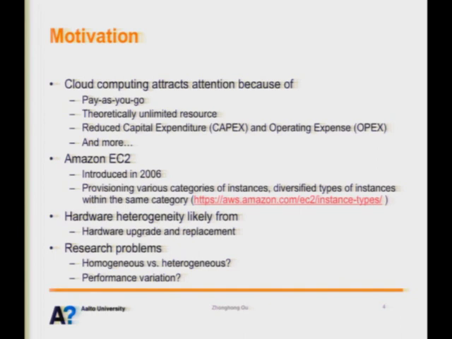These are the motivations of our work. There is some work already done in this area, such as one INFOCOM 2010 paper, which analyzed the performance variations among different instances. What they didn't do is analyze the performance variation within the same instance type. Our work does this.